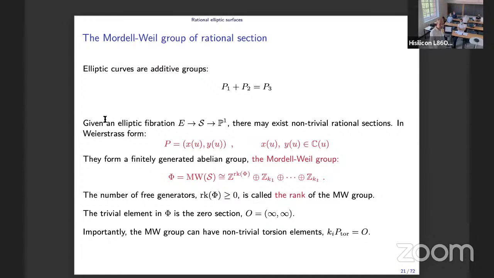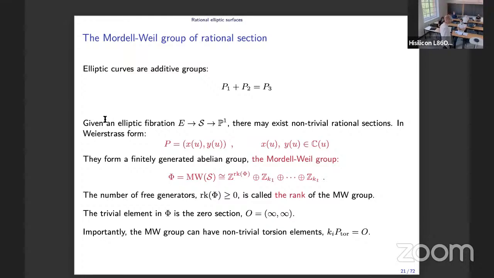That will be the rank of the group. And then there might be torsion sections as well, of the form Z2, Zk. That just means that, for instance, a Z2 section, you add it to itself, and it gives the zero section. In this group, the zero section is the origin of the abelian group.